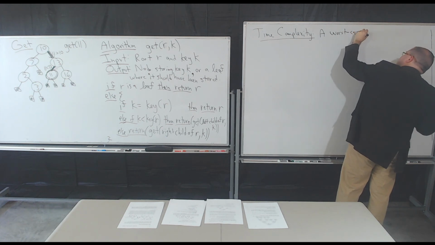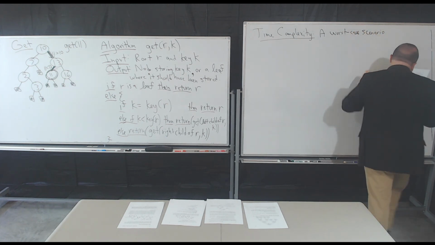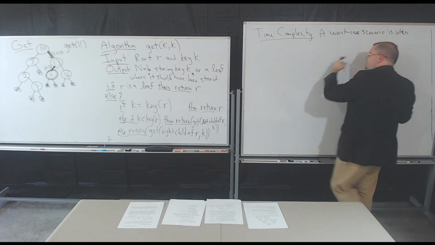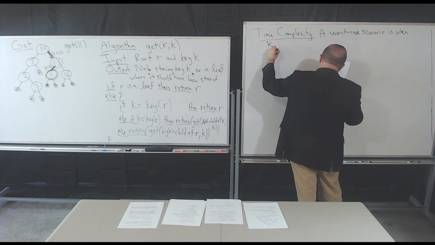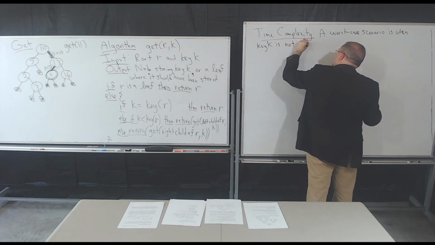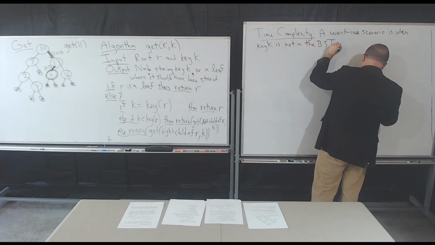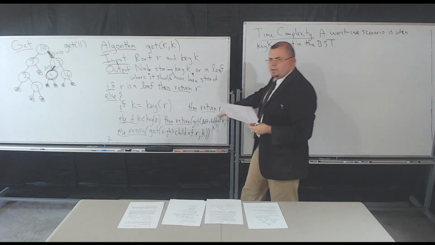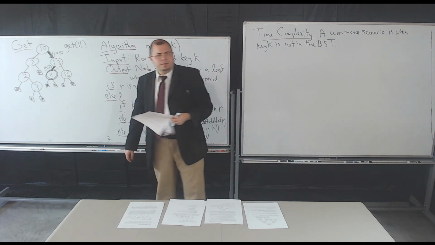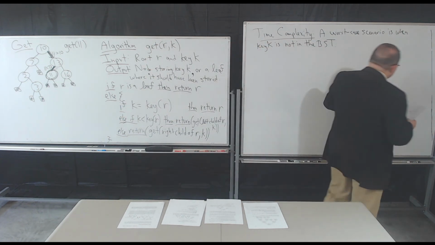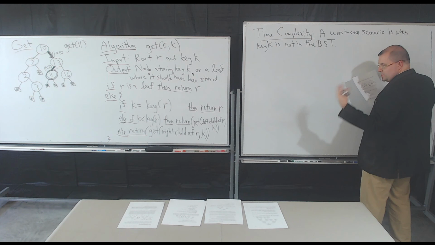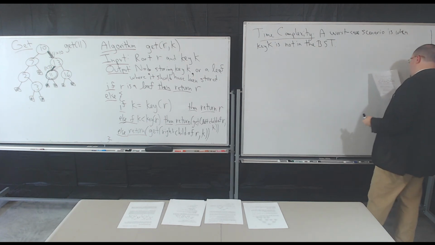A worst case scenario is when key K is not in the binary search tree. So what do I do when I have a recursive algorithm like this? I ignore the recursion, then I count up the total amount of work that's being done. When I ignore the recursion, I treat each of those recursive calls as a constant amount of work. Then I incorporate how many times it's going to happen.